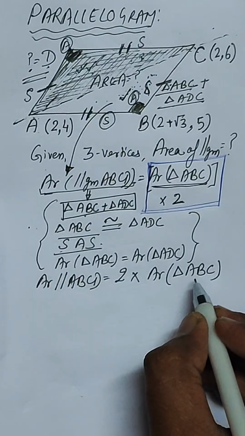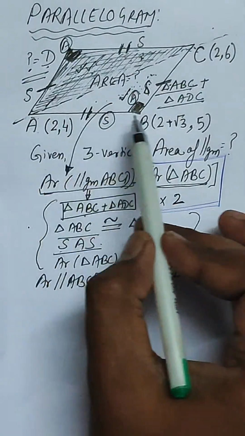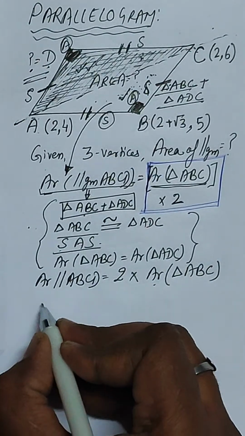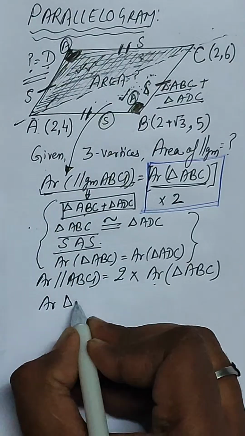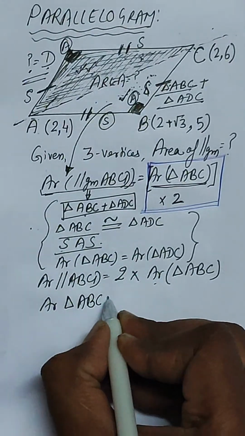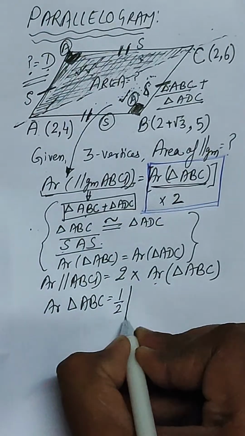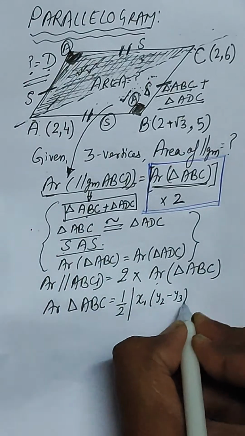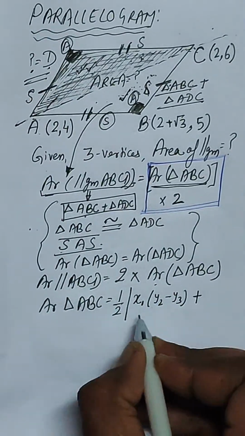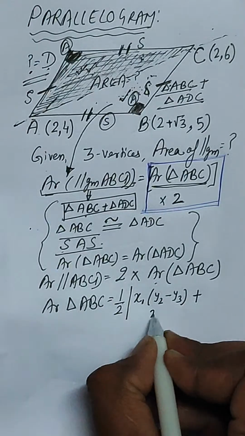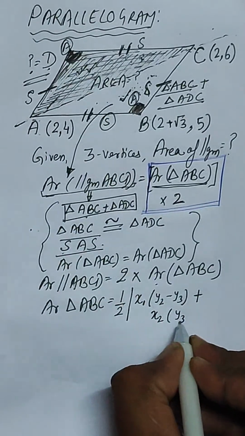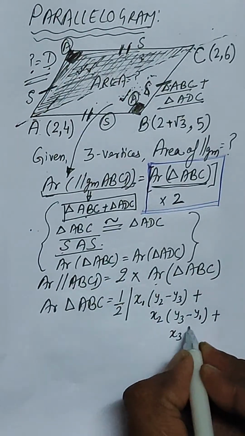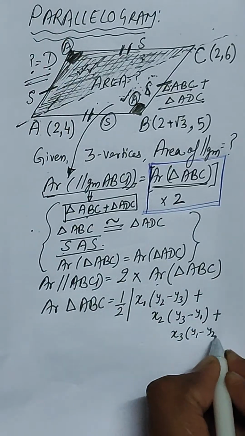Since we have the coordinates of A, B and C, and you know the formula to calculate the area of triangle ABC, if we remember the formula, it is half of mod of x1 into (y2 minus y3), plus x2 into (y3 minus y1), plus x3 into (y1 minus y2).